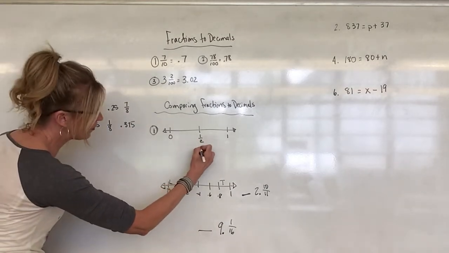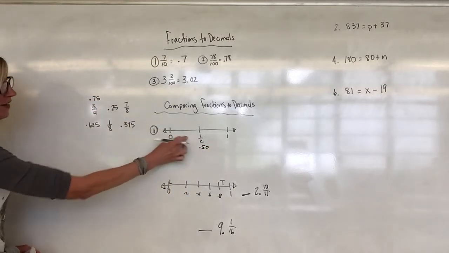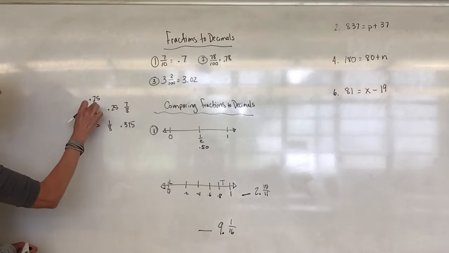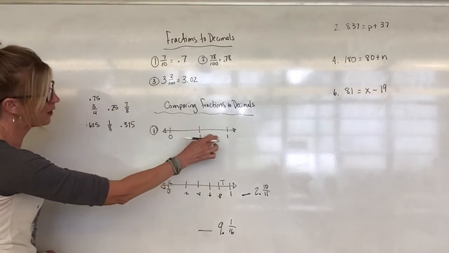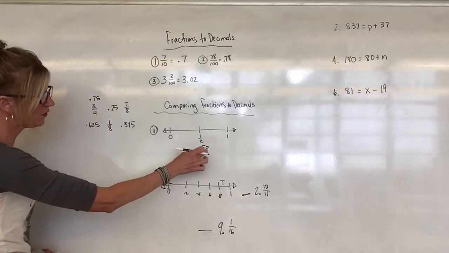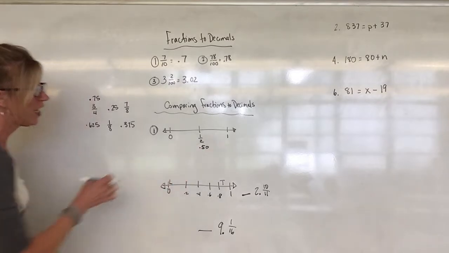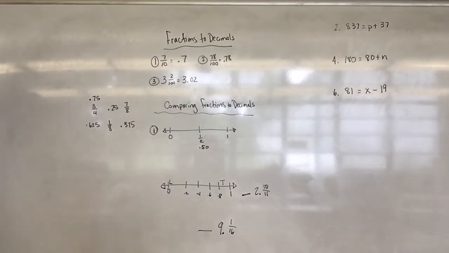Remember, 1/2 is 0.50 if we want to make it. So that's going to be somewhere over here. 0.75, oh, that's going to be in between my 1/2 and my 1. That's 0.50 here, 0.25 in here, 0 will be here, 25 cents, 50 cents, 75 cents, $1. Okay, so you've got to figure out where would these land on that line.